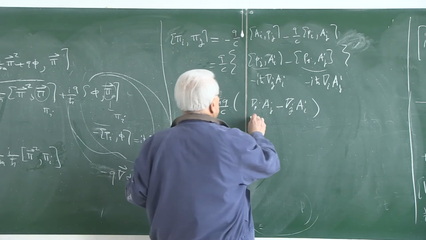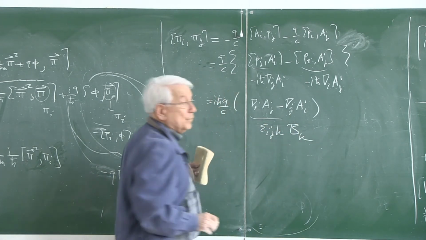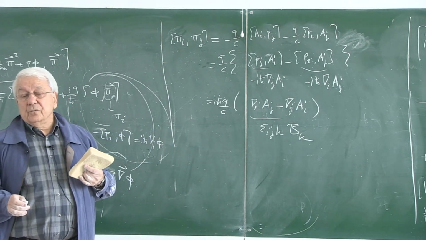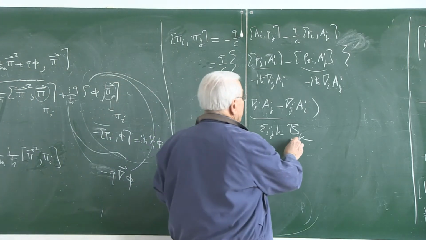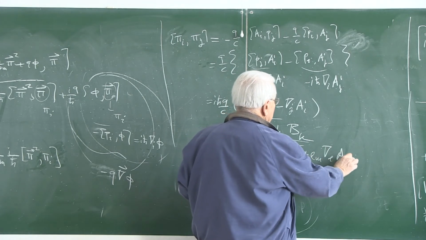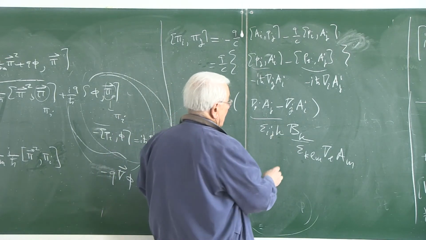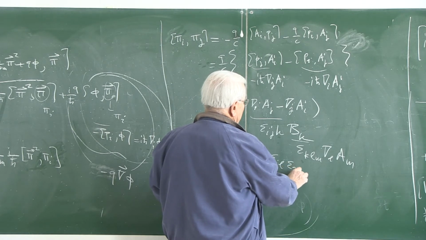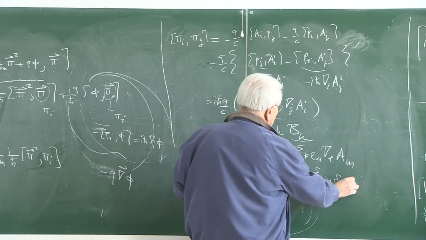I claim that it is epsilon_ijk B_k. Let's demonstrate. To save some time, I go backward. So what is B_k? B_k is epsilon_klm del_l A_m, right? Contract the k's. So epsilon_kij epsilon_klm gives delta_il delta_jm minus delta_im delta_jl.